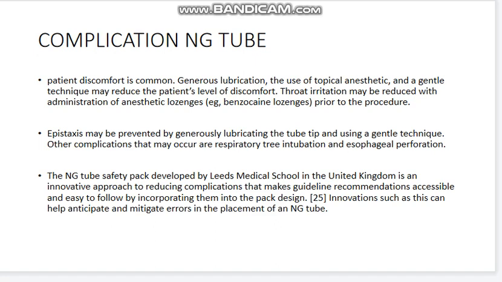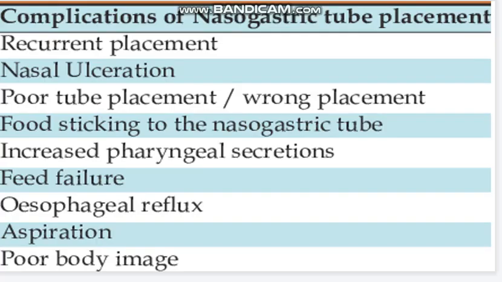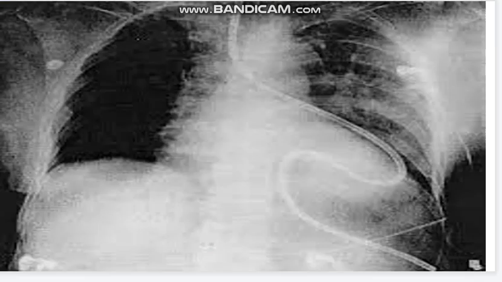Complications of the NG tube include discomfort, which can be reduced by generous lubrication, the use of topical anesthetic, and a gentle technique; throat irritation; and epistaxis if the tube is entered roughly. Pneumothorax can occur if the tube is misplaced. Others include recurrent placement, nasal ulceration, poor or wrong tube placement, food sticking, increased pharyngeal secretion, feed failure, esophageal reflux, aspiration, pneumonia, and poor body immunity. These are the complications of the nasogastric tube.